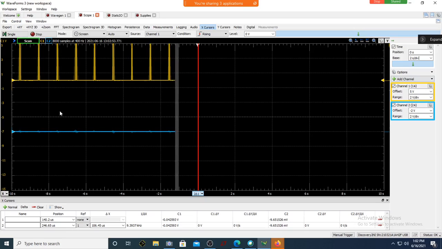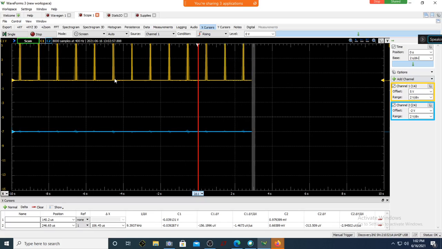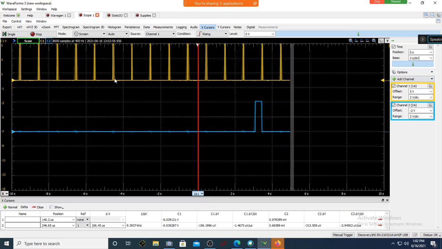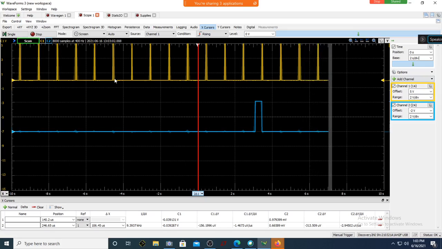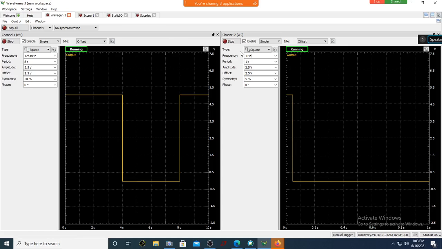What's actually happening here? Am I giving my start of conversion too repeatedly? The start of conversion is being given every 1 second, which is not required, correct? I will go over here and make it 0.1.